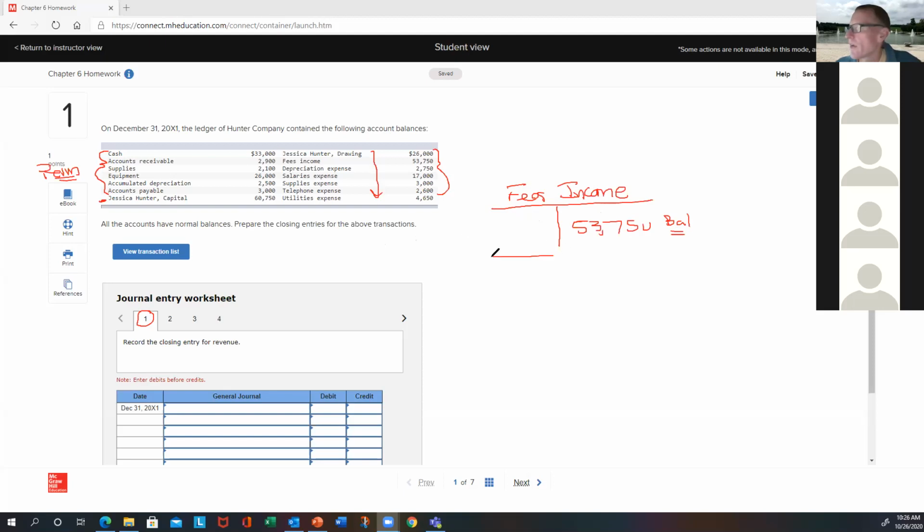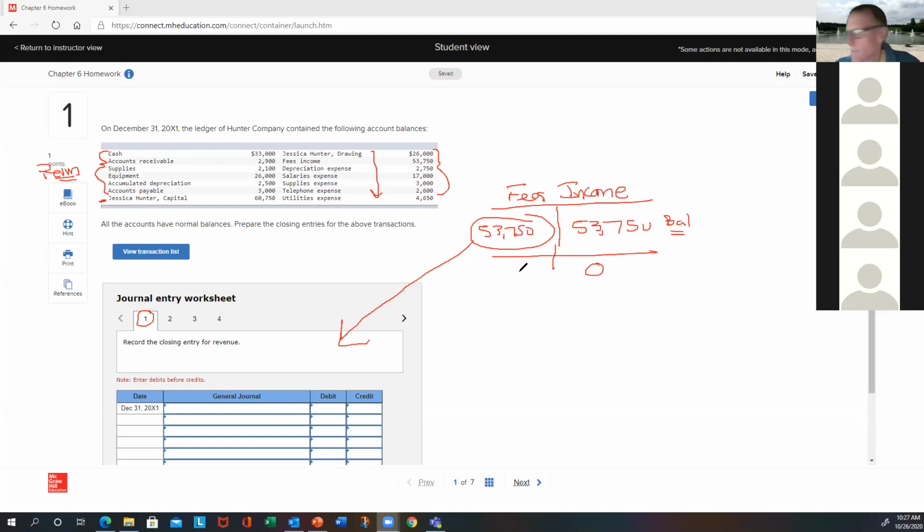So our goal right now in this first step, we want this account to be at 0. To make this account go to 0, we're going to have to put a debit in the fees income for whatever balance it is. And that debit will be for 53,750. Once we do that, the account will then be at 0.